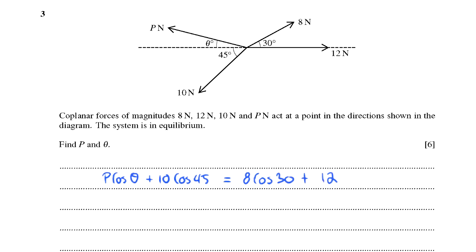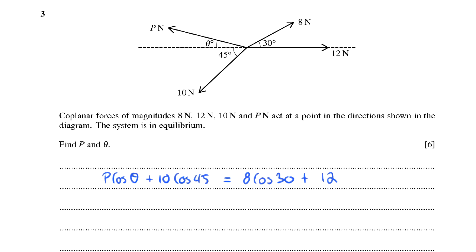So that's the horizontal forces. The two unknowns are in the P cos theta. It would be handy if they were on the same side and we work some of those values out, maybe at some point.